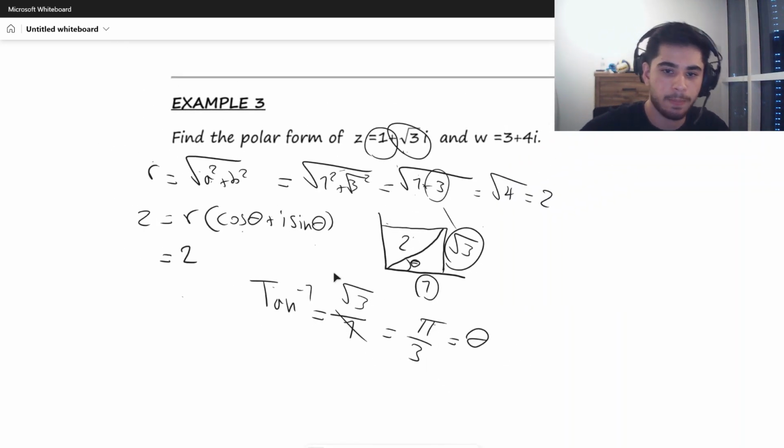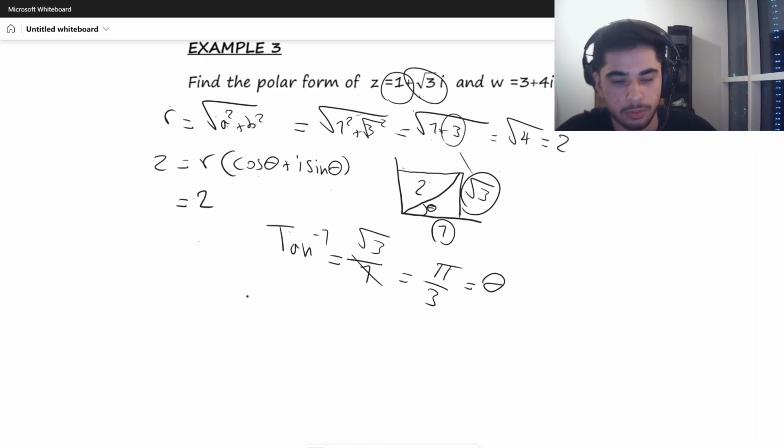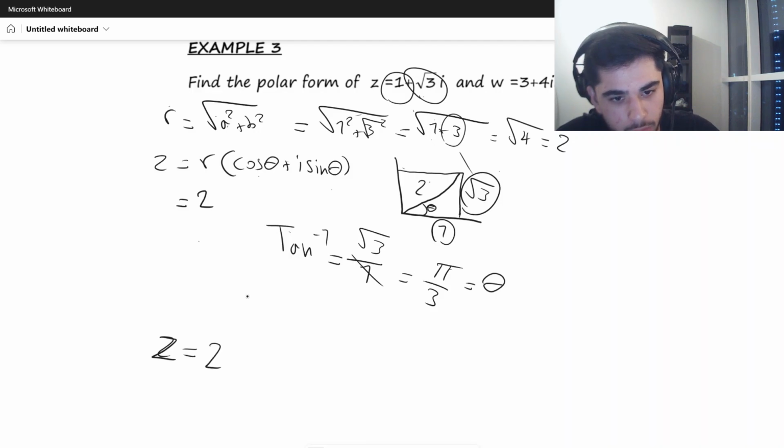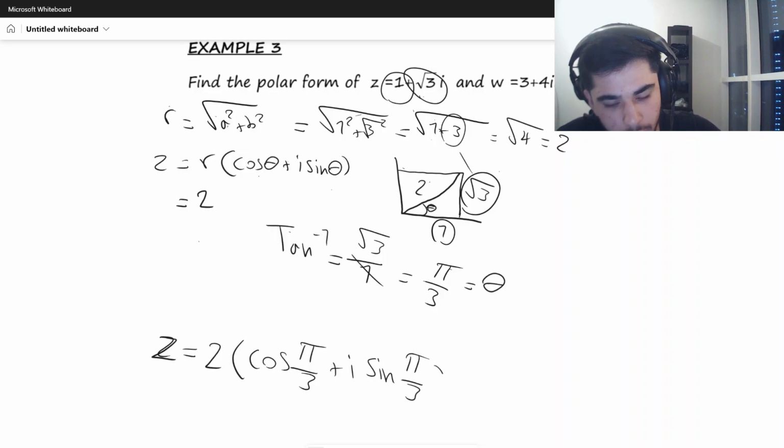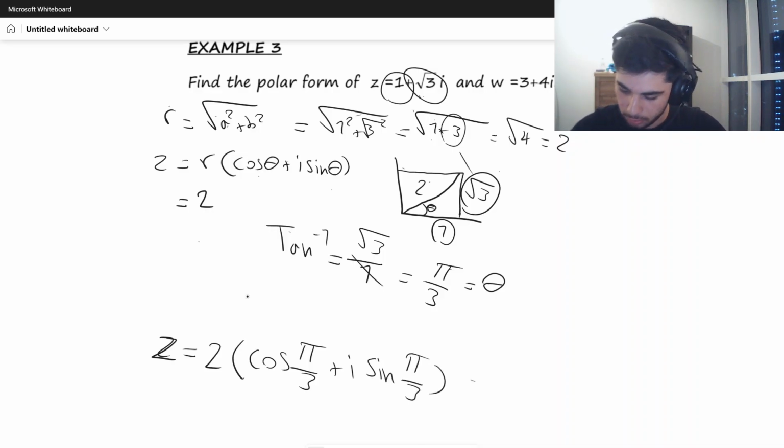That helps a lot actually, because now if we want to finish this, we see z equals, my z looks like my 2, 2 times cos pi over 3 plus I sin pi over 3, which sums up to, oh my god, I have to do everything.